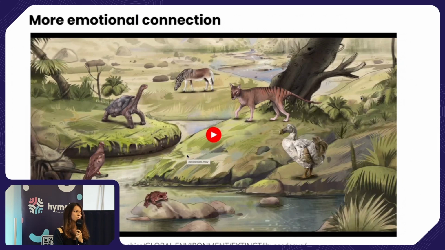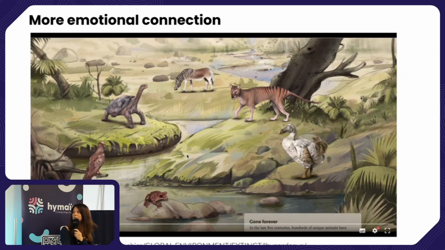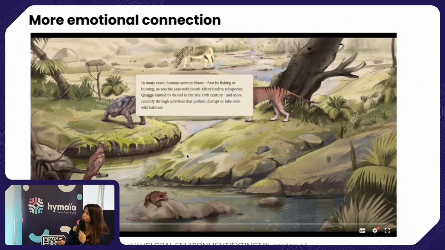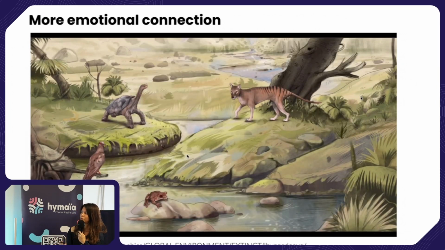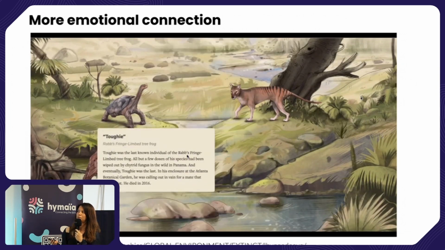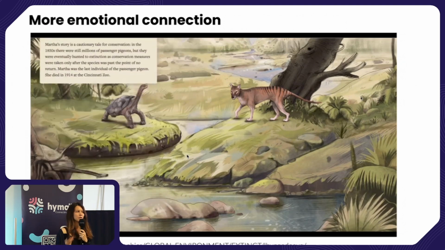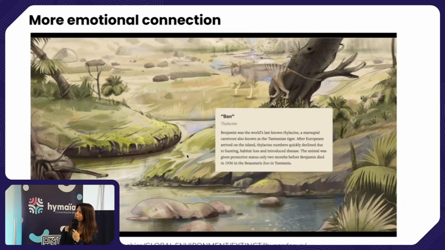I wanted to create an emotional connection. So at first, I wanted to show these, they're called endlings, which are the last individuals of a species. And whenever they disappear, essentially the whole species goes extinct. So when I start the piece like this, I feel like you can create more of an emotional connection with the reader, and that can get them to care more about the topic.